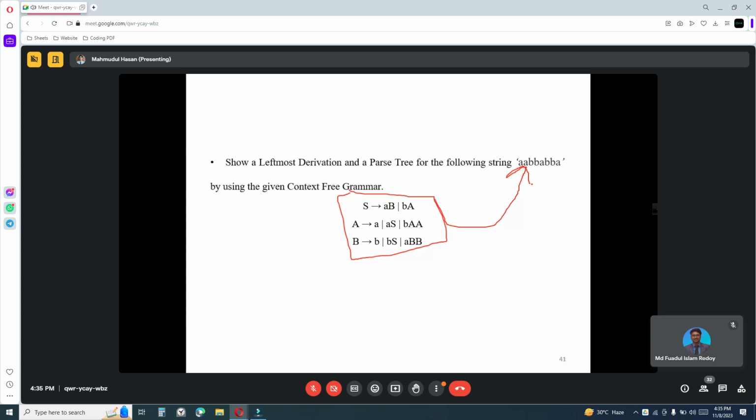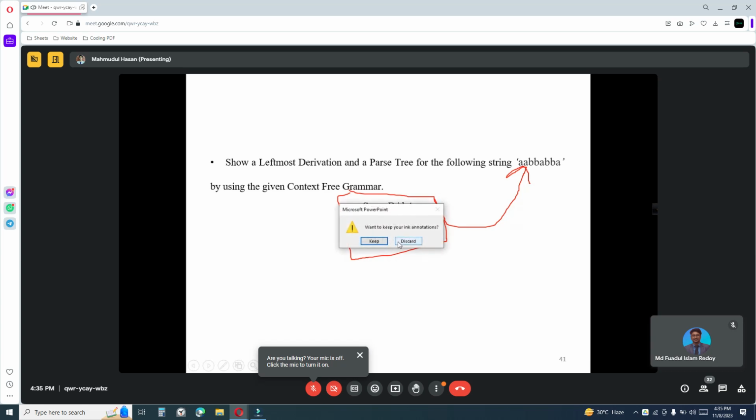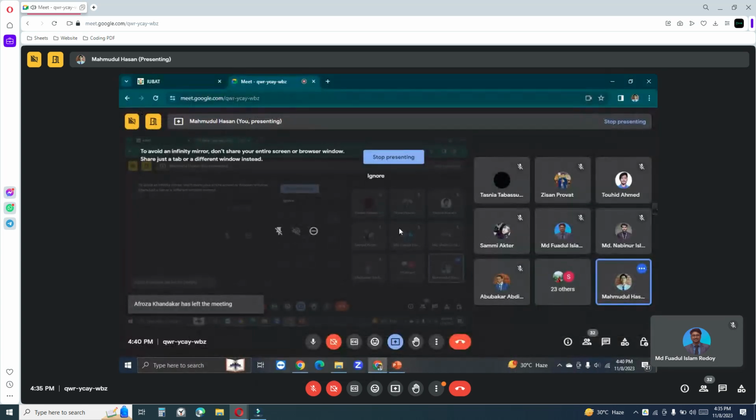Sir, I didn't write in the notebook, I just looked. Who are you? Sir, Isha. Okay, Isha. But this one is again your homework. Okay, Isha, did you get the last parts of the last one? Yes sir, I drew the parts of the last one. Got it?